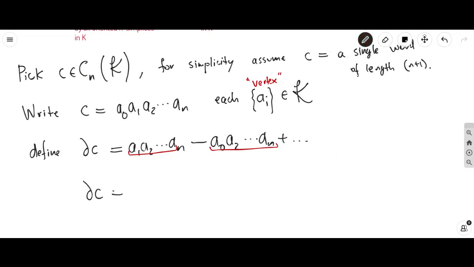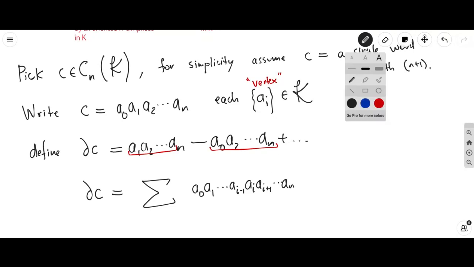If you want to write it out a little more elegantly, the way people write it is you take the word A0, A1, Ai minus 1, Ai plus 1, An, and they put a symbol over Ai. That symbol just means you leave that one out. Then it's minus 1 raised to the i, where i goes from 0 to n.